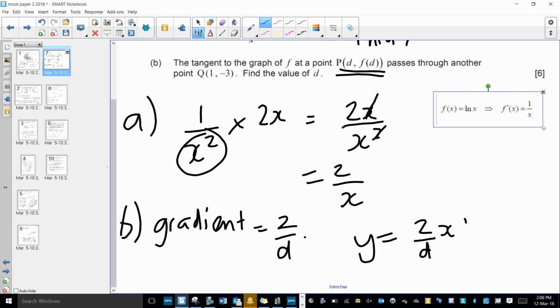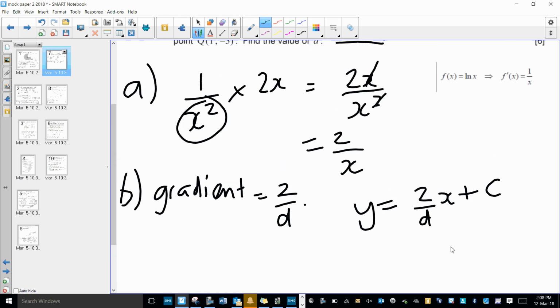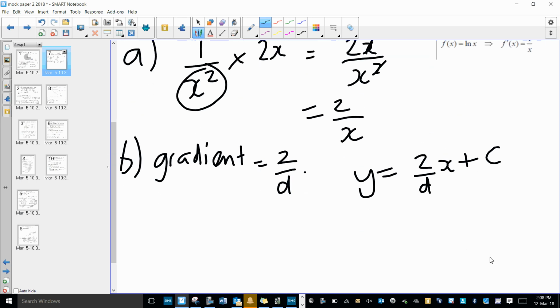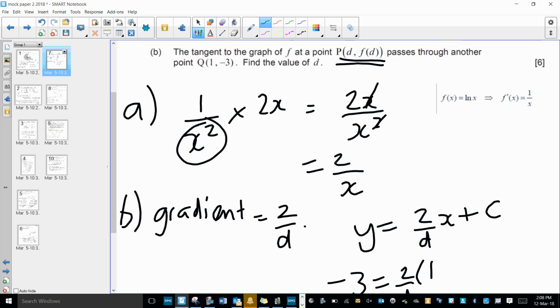Now at this point we put in coordinates that we know for x and y. So we've got -3 equals 2 over d times, was it 1? Plus c.